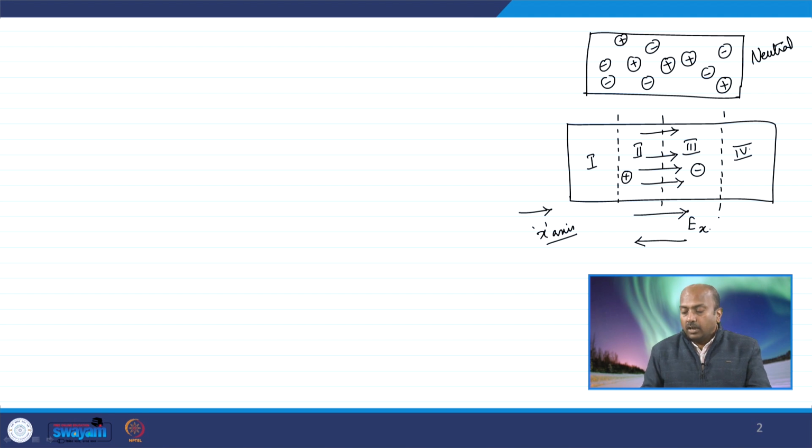Because of the electric field Ex, there is a force F = qEx. Because of this restoring force, the electrons will try to move opposite to the electric field, and they will try to nullify the excess positive charge in region 2.